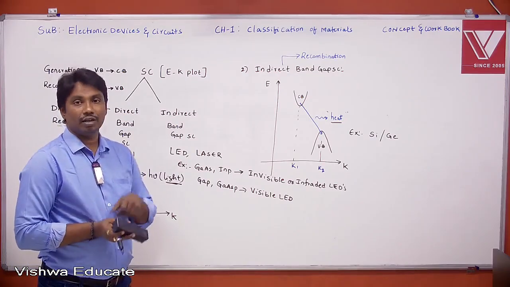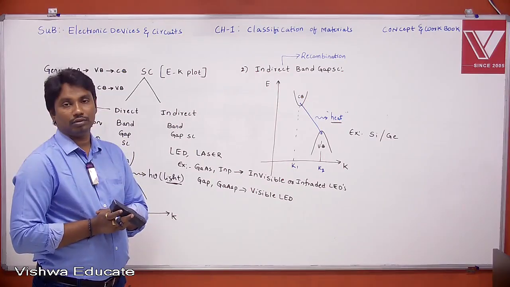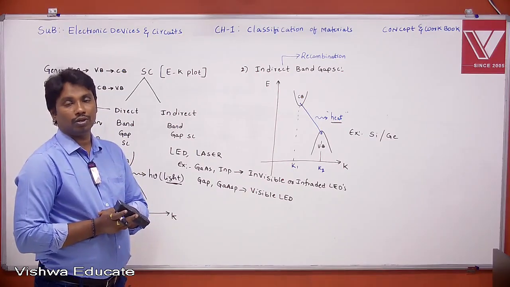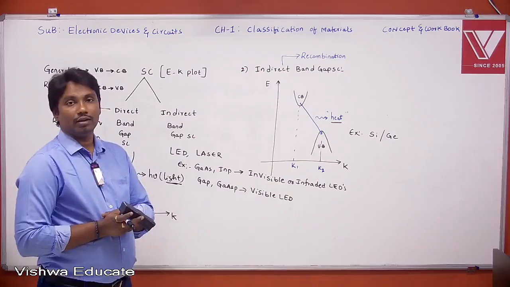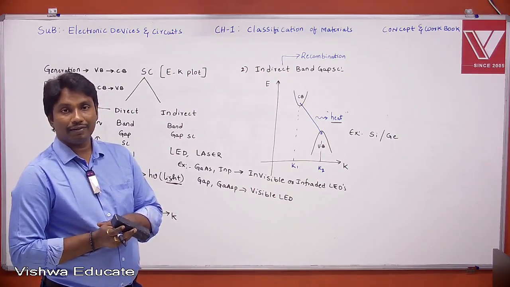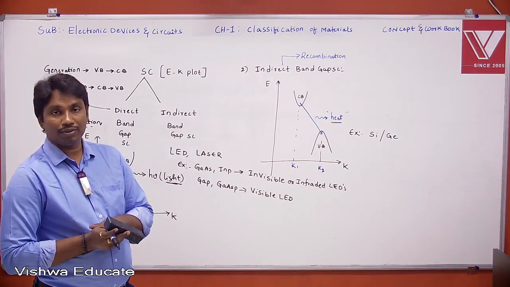Next, conclusion. The first point: direct band gap semiconductors are compound semiconductors.